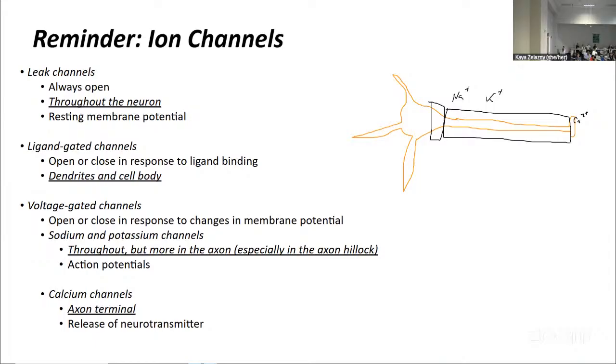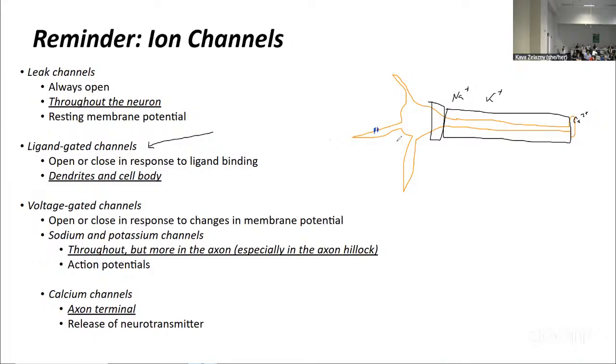Now that we think about our ion channels, our ligand gated channels from this list were the one thing that we hadn't really talked about when we saw this slide before. We saw this slide a couple of times before. So we now know that those ligand gated channels are really receptors. So those are really receiving signals. Those are receiving neurotransmitters, other types of chemical signals. So that's why we see them in areas that are going to be receiving signals.